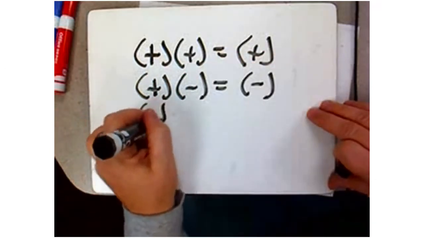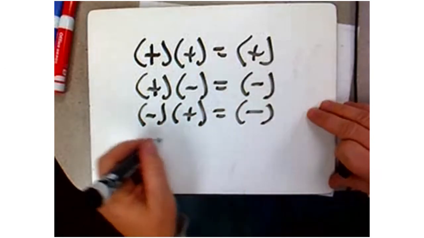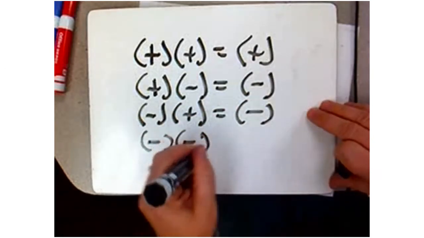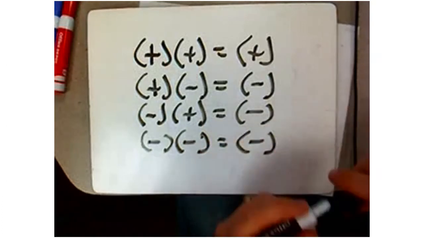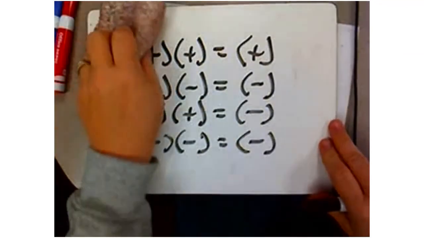If you have a negative times a positive, your product is going to be negative. And then if you have a negative times a negative, your product is going to be negative. So the rules don't change. Just pay attention to whether the factors are positive or negative and apply those rules. Just ask yourself, am I going to have a positive product or a negative product? And then do the math as you've been doing all along.